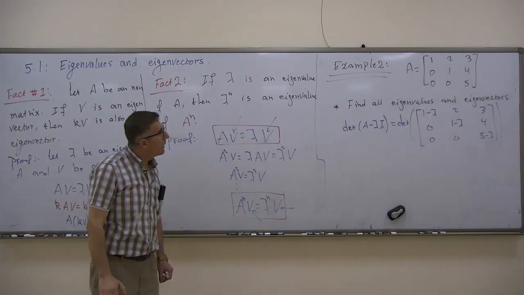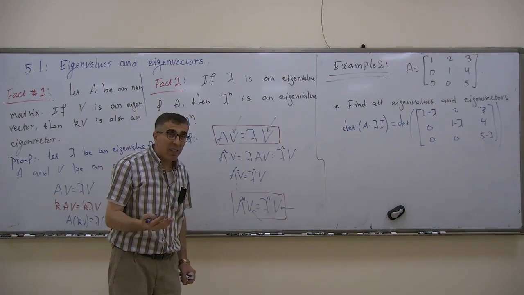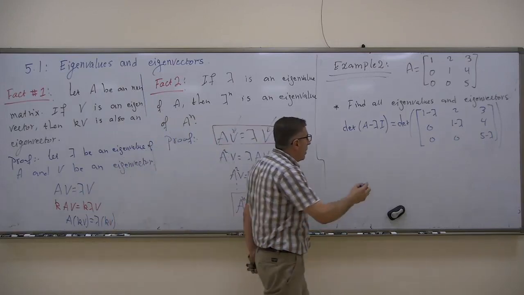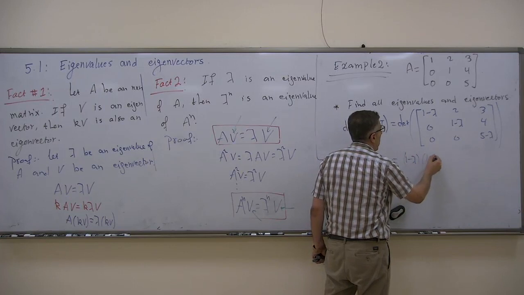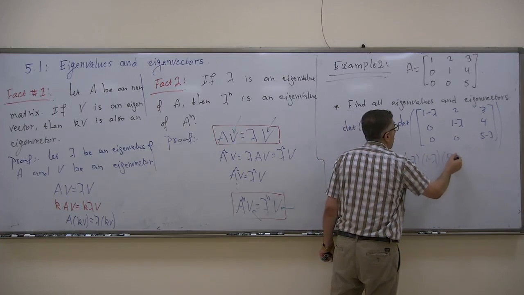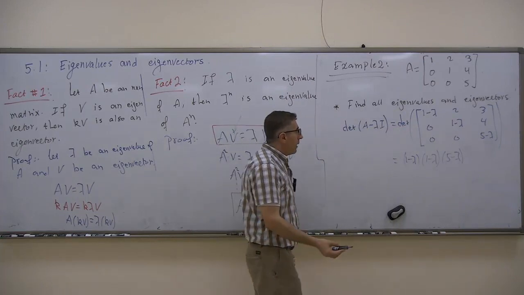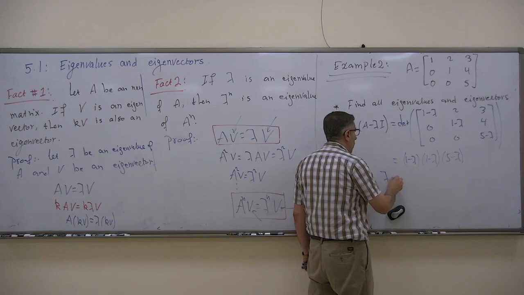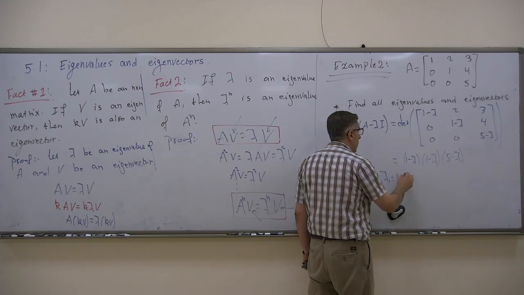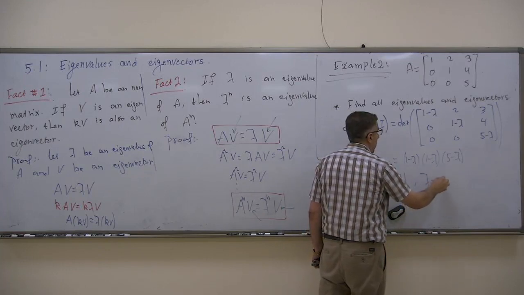Double check, please. A minus lambda I. That's what you get. And what is this? This is a triangular matrix. We know what the determinant is right away. This is going to be 1 minus lambda times 1 minus lambda times 5 minus lambda. Correct? And here you can see the eigenvalues. You can see lambda 1 equals 1, and that is repeated twice. And you can see lambda 2 is 5.